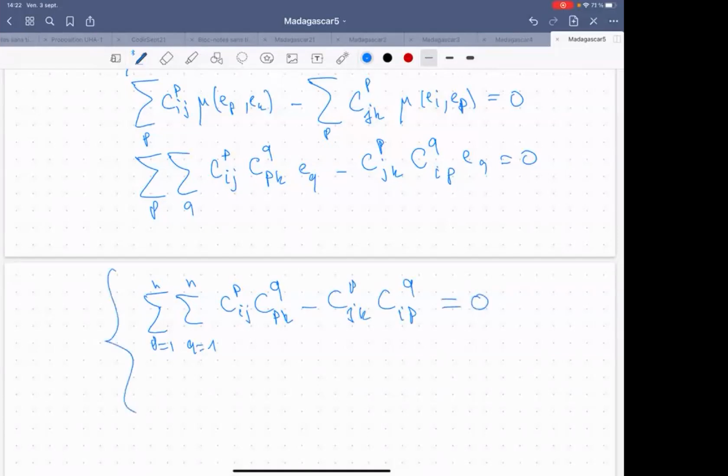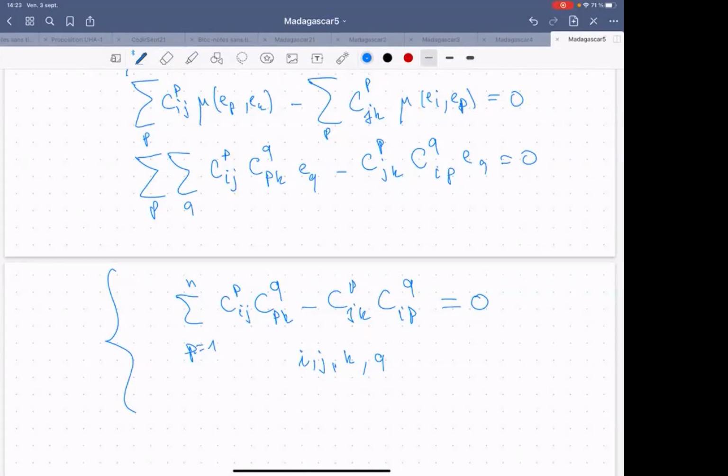Oh, sorry, I have to remove q here, and this is for p. Okay, I have this sum, and for any quadruple i, j, k, q having values from 1 to n, I should have this quadratic equation satisfied.